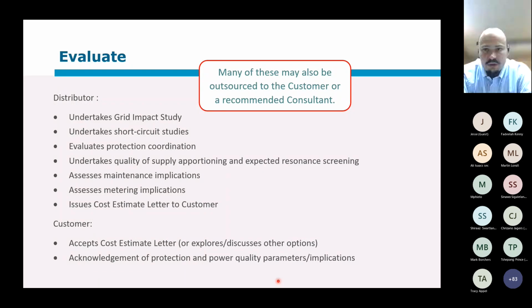So hopefully they will not mislead you when they give these results. So the options are either you do it yourself, you appoint a consultant, or you ask the customer to use either their own consultant or even a recommended consultant to do these studies.